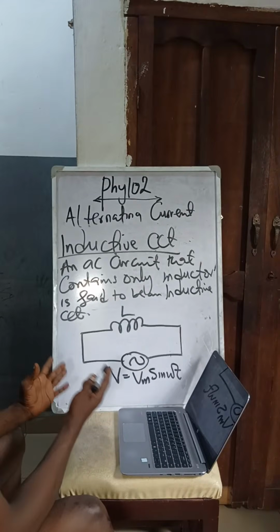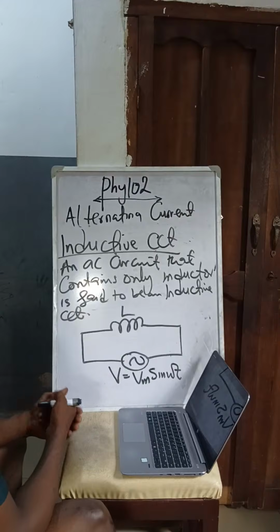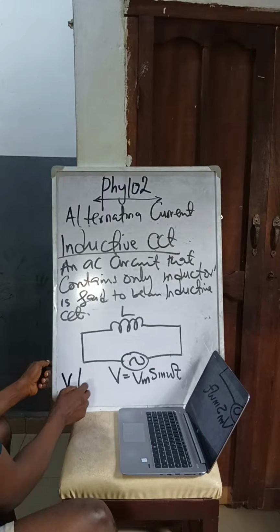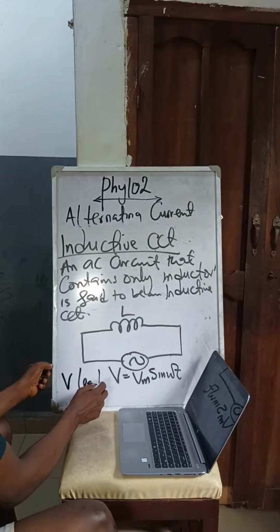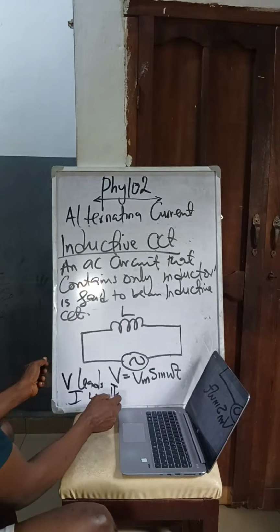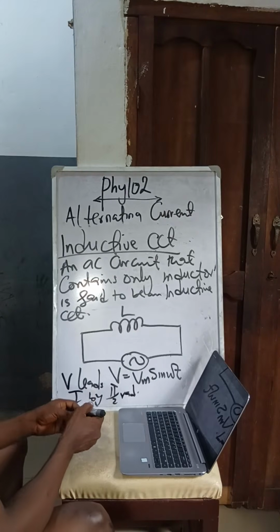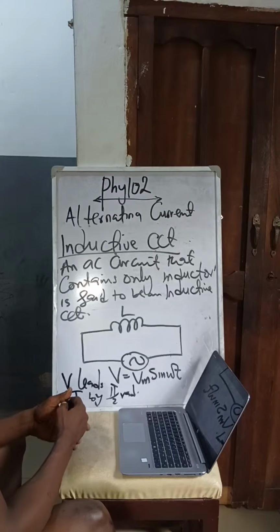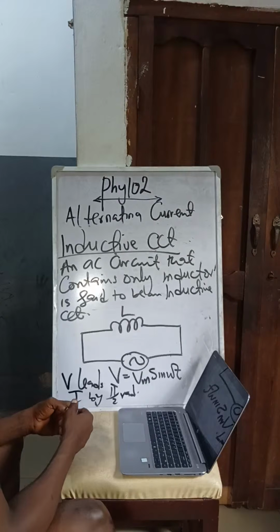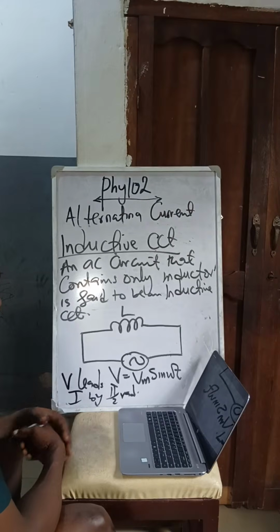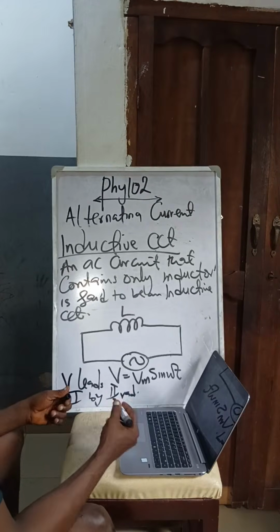So in this circuit, the voltage leads the current. The voltage leads current by pi over 2, or 90 degrees. So inductor also has a resistance too. We call it inductive reactance.